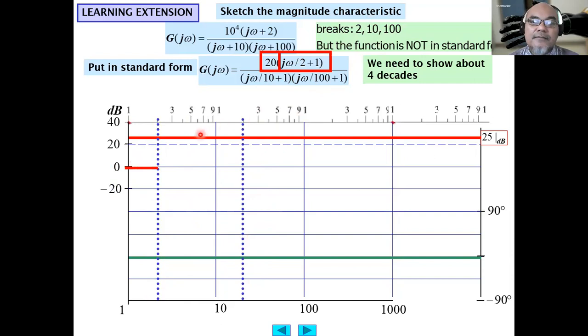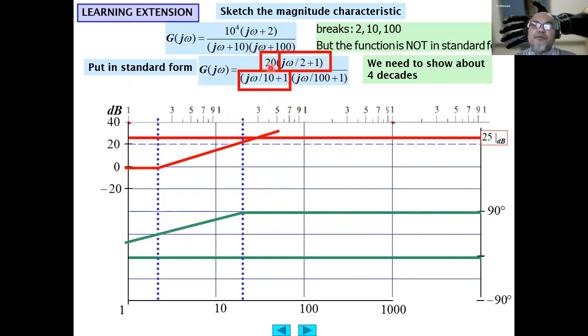So here, before 2 it is 0 asymptotic, then after that it increases by 20 decibel per decade from 2 radian per second until 12 radian per second. Then the phase increases from 0 degrees at 45 degrees per decade until 90 degrees asymptotic.